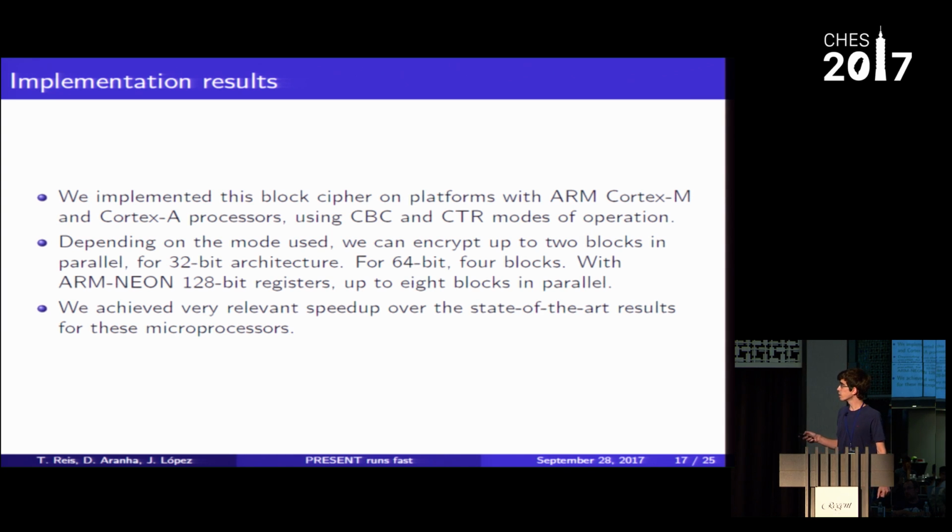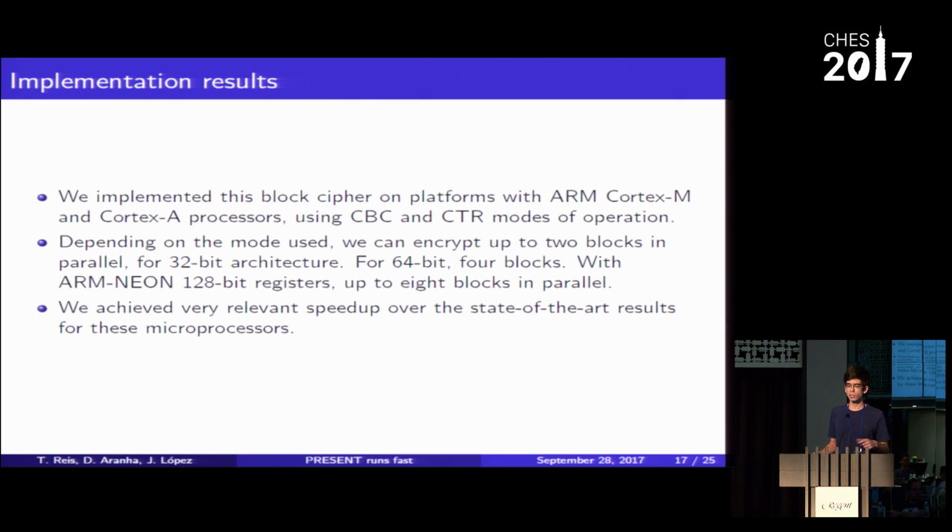So depending on the mode of operation used, CBC or CTR, we can encrypt up to 2 blocks in parallel when we are working on 32-bit architecture. Why? Because if you remember well, our registers only use 16 bits. So if we're on 32-bit architecture, we are wasting 16 bits on each register, so we can use that to encrypt another block in parallel.